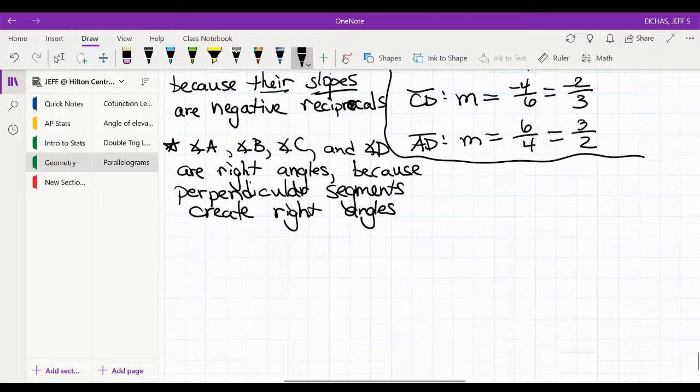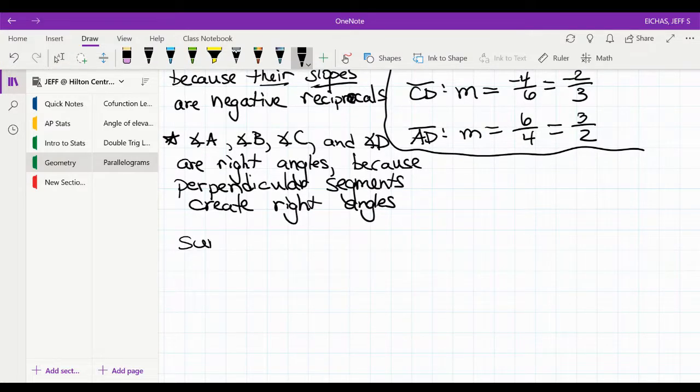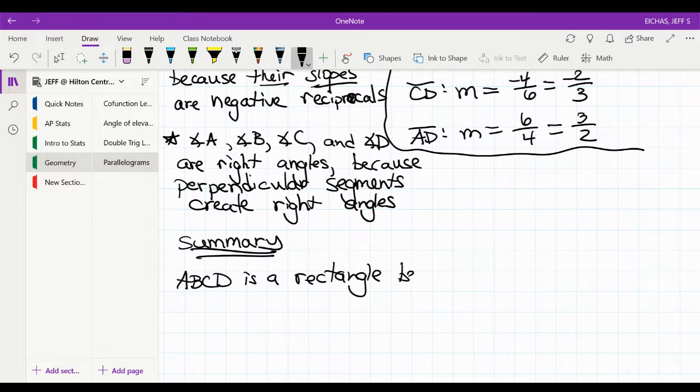All right. Finally, we summarize this. What does it do for us? Okay. ABCD is a rectangle, which is what we want to prove, because it has 4 right angles. There it is.